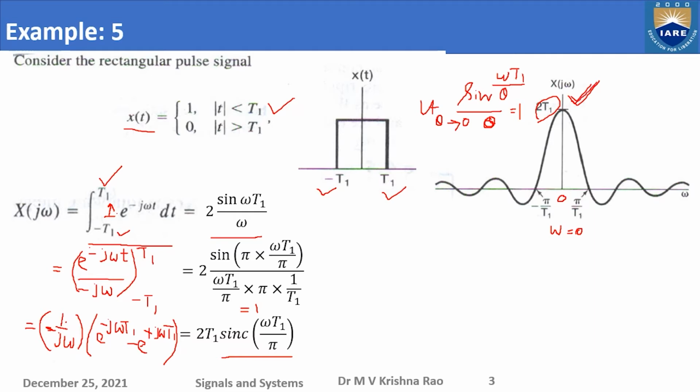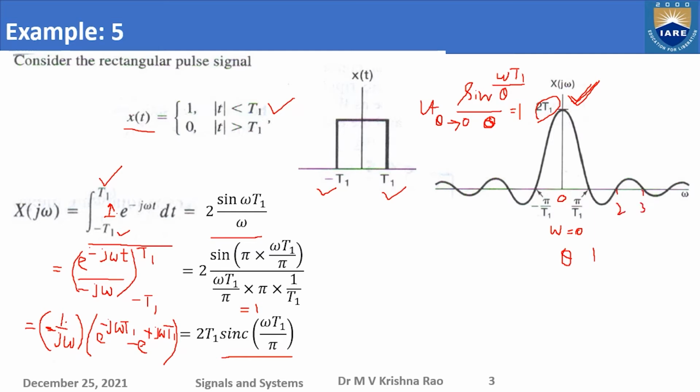And you can also show that it is not only 0 at other points. In terms of theta, this is theta equal to 1, theta equal to 2 here, theta equal to 3 here, like that.